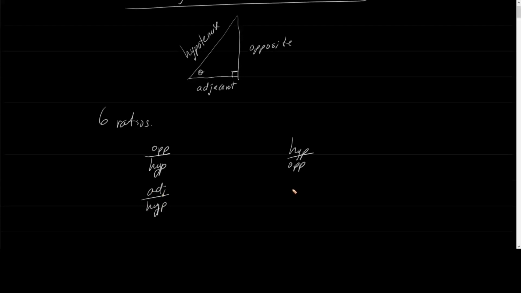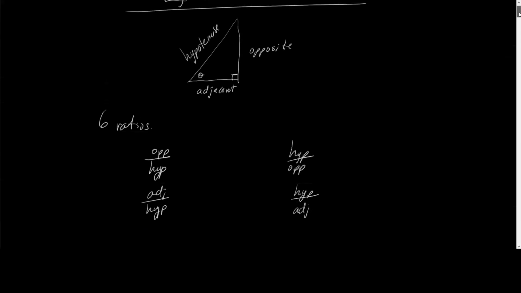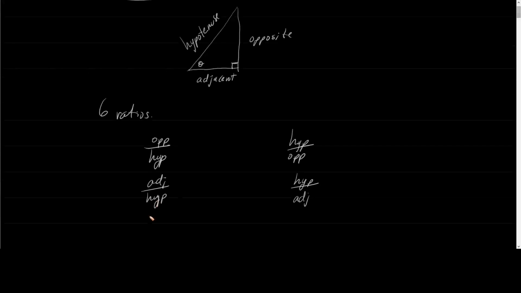We can also write the reciprocal of this being the hypotenuse over adjacent. And we can have the opposite over the adjacent and its reciprocal, the adjacent over the opposite. Now, all of this is with respect to this angle theta.